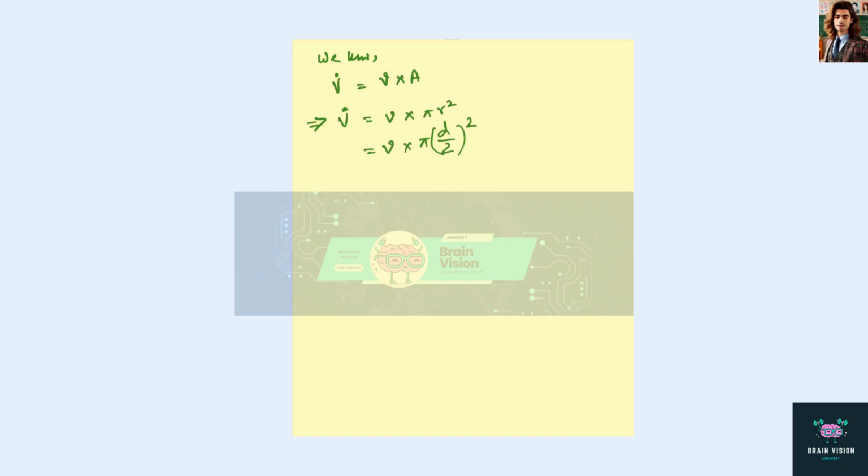Again, we know from the compressibility factor equation of state that volumetric flow rate is equal to the Z factor multiplied by the molar flow rate, RT divided by pressure.